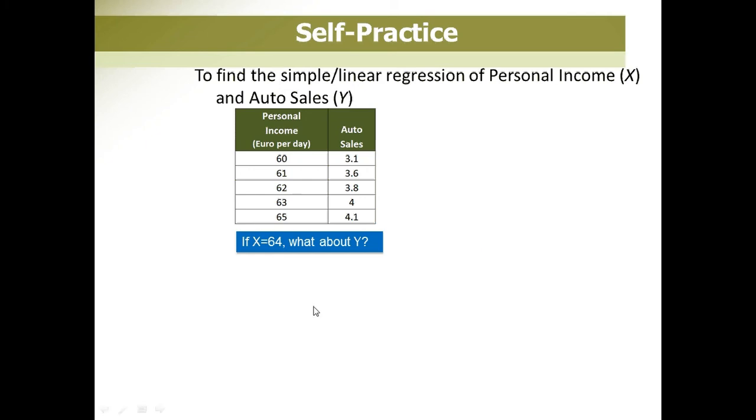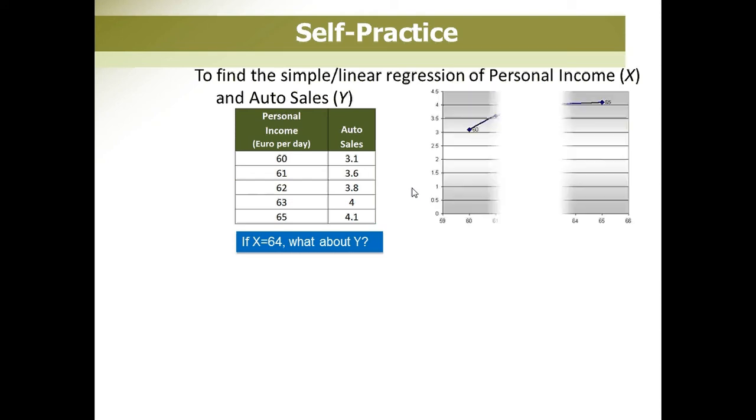Someone who earned 60 euro per day tends to buy 3.1 autos on average. A person who earns 61 euro per day buys 3.6 autos, and 62 euro per day, 3.8 autos. Suppose we know a person who earns 64 euro. How can we predict how many autos he tends to buy?